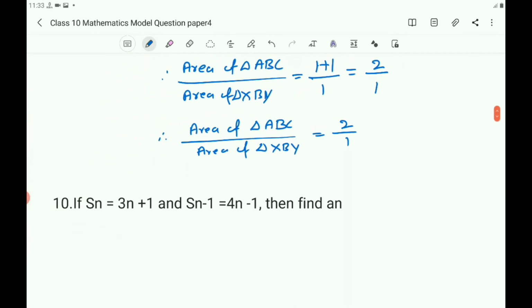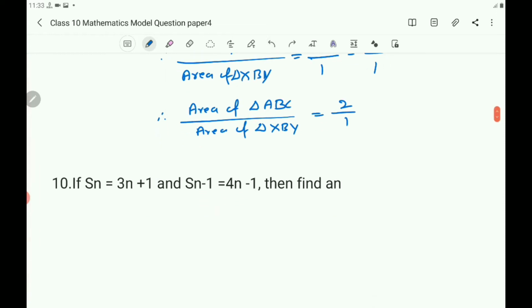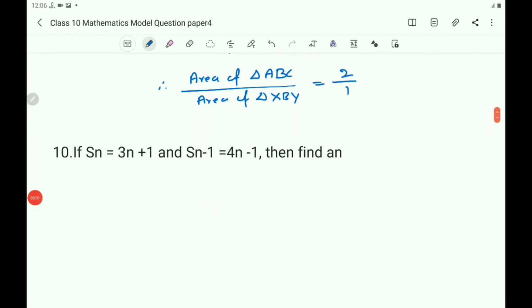If Sn equals 3n plus 1, Sn minus 1 equals 4n minus 1, then find An. There is one relation, you know that. To find An, when Sn and Sn minus 1 are given, we can use one relation, that is the important relation. What is that? An equals Sn minus Sn minus 1. How is it?